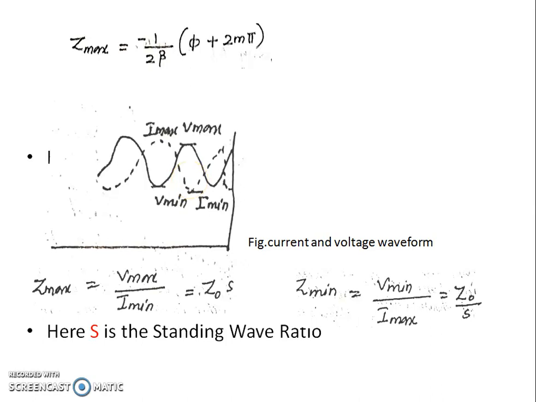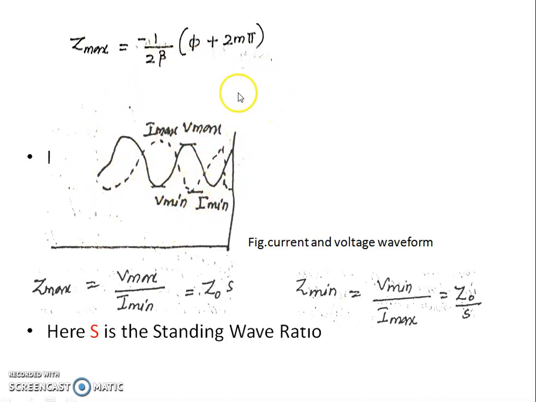From this relation we know that V and I are phase shifted by 180 degrees. When the maximum value of current occurs, at that point the minimum value of voltage occurs. And when the maximum value of voltage occurs, at that particular point the minimum value of current occurs. So the voltage and current are phase shifted by 180 degrees.